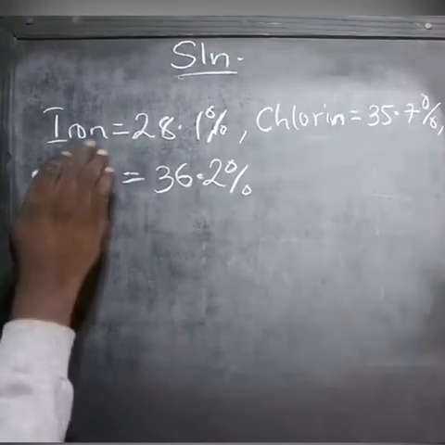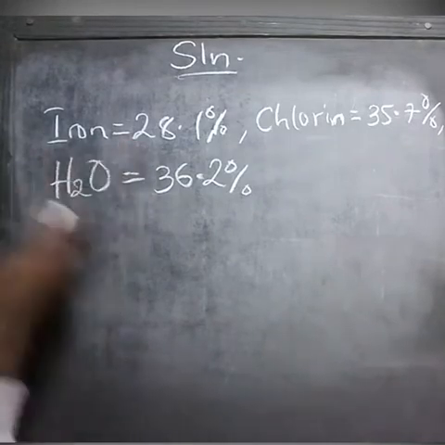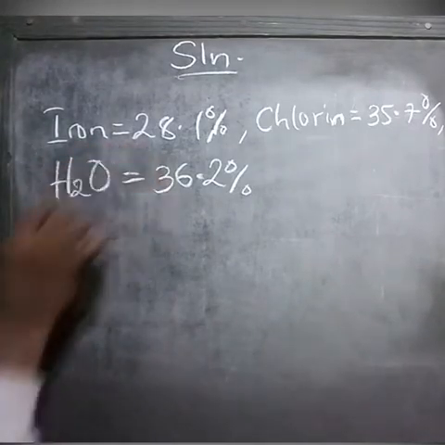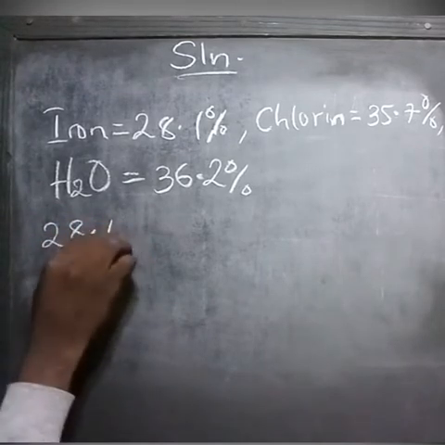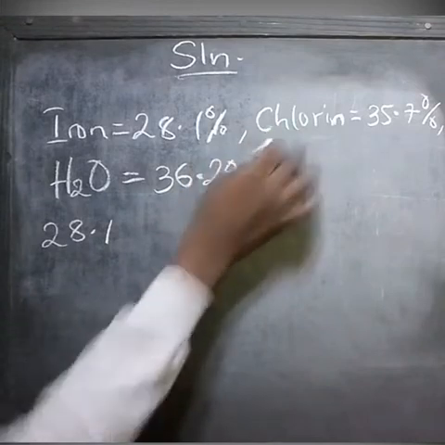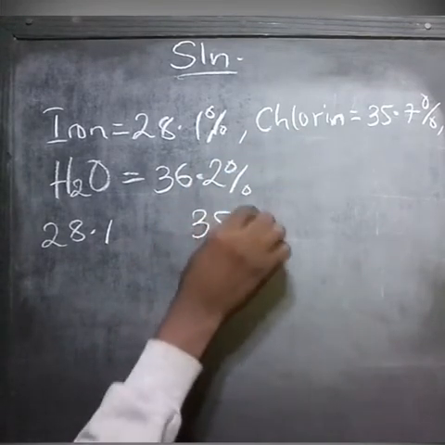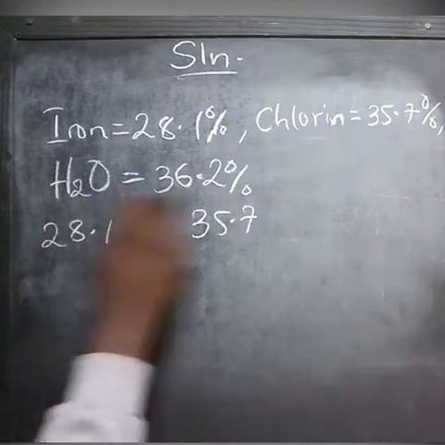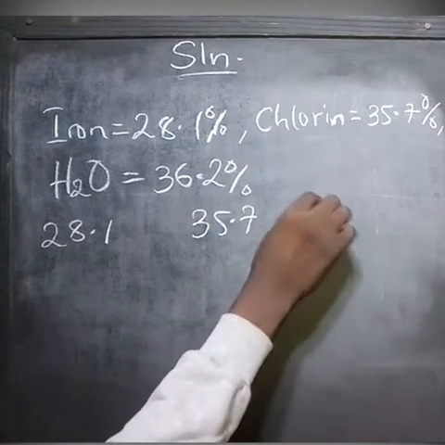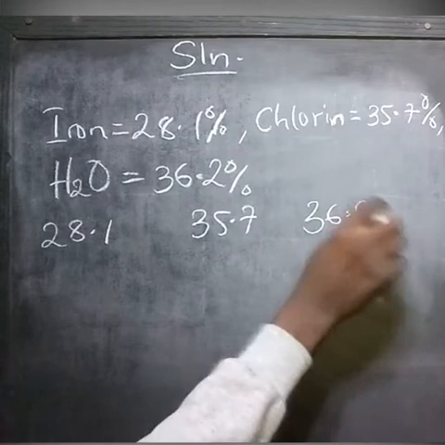As we have extracted our data from the question: iron 28.1, chlorine 35.7, and water of crystallization 36.2%.